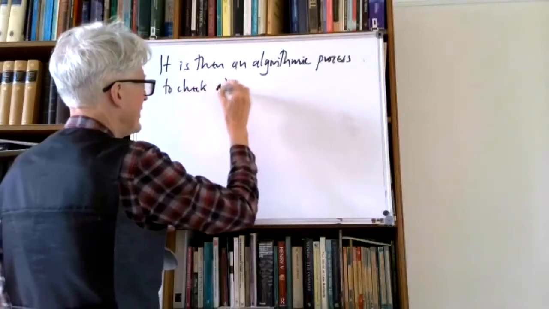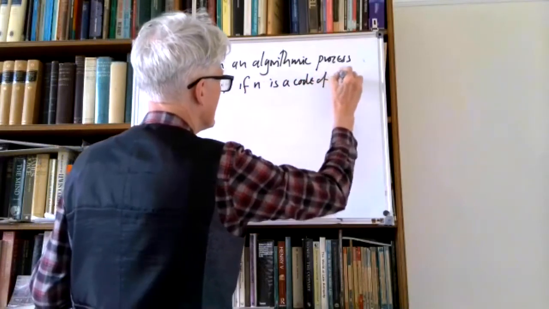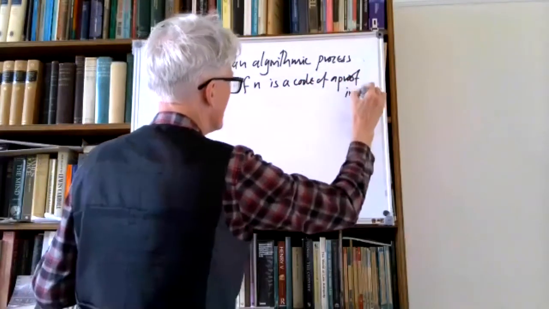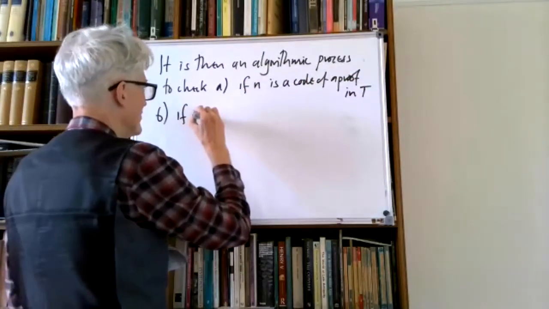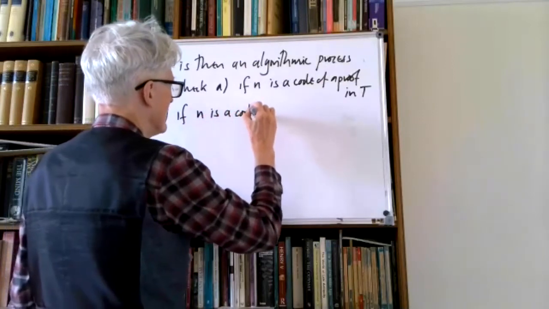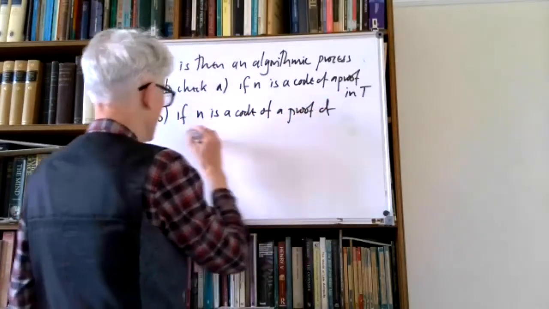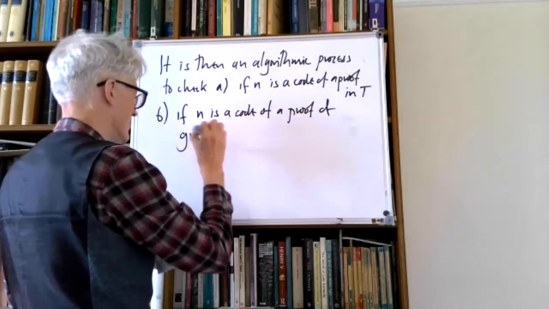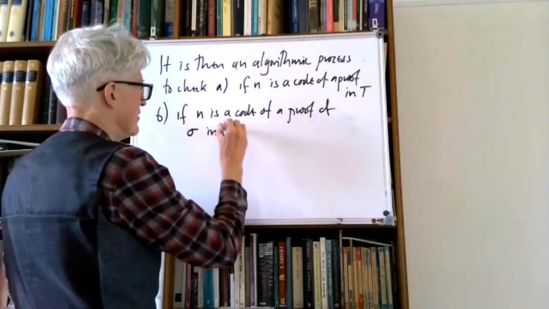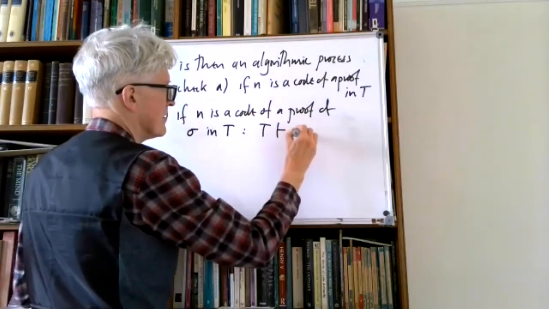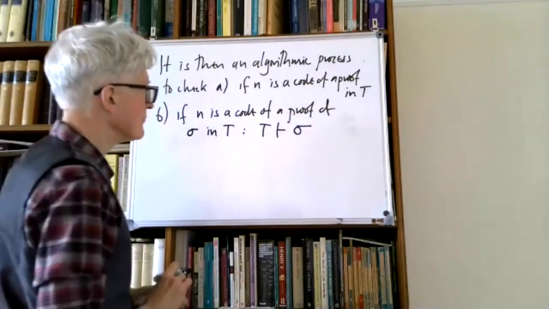So it's an algorithmic process to check, A, if n is a code of a proof, or B, a two-place relation, if n is a code of a proof of sigma in T. So whether T can prove sigma or not.